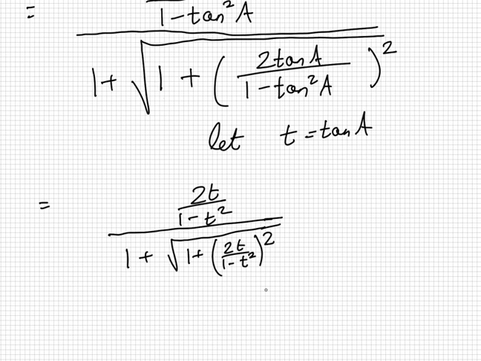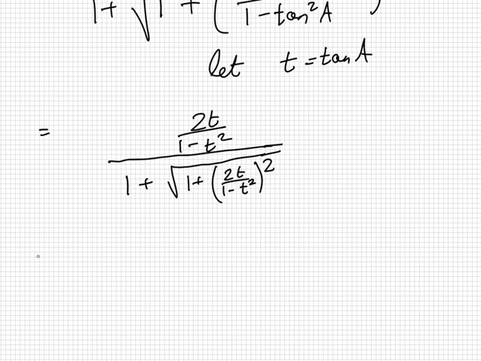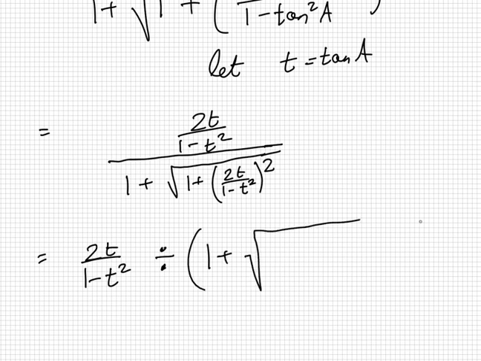Okay, so let's clean this up a little bit. So this is 2t over 1 minus t squared divided by 1 plus square root 1 plus, and this here would be 4t, sorry, not 4t, 4t squared all over 1 minus t squared squared.